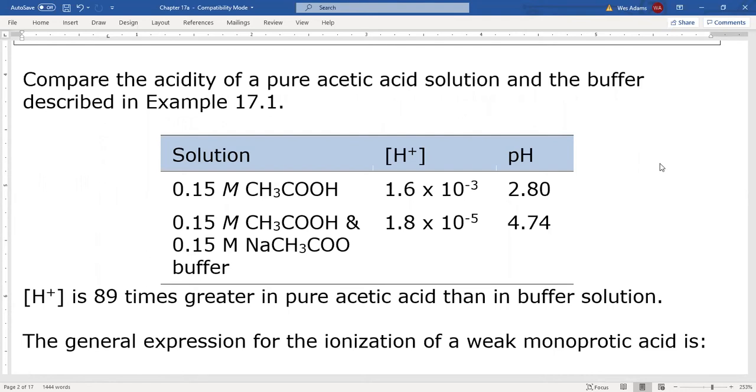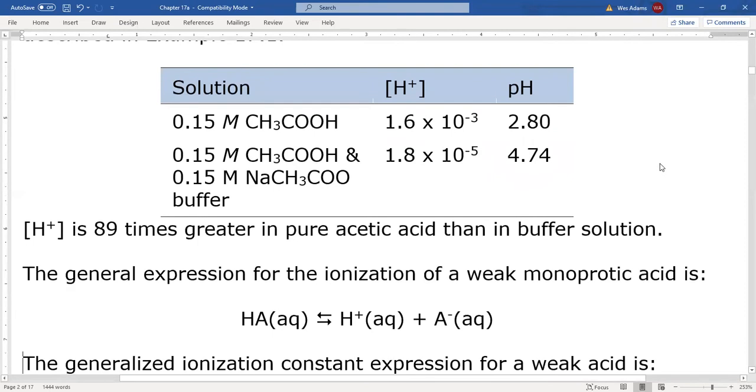But if we have a buffer made from 0.15 molar acetic acid and 0.15 molar sodium acetate, the hydrogen ion concentration is 1.8 times 10 to the negative fifth, and the pH is 4.74. So the acid alone is 9 times greater in hydrogen ion concentration than the buffer solution. But what we'll find is that the buffer solution is more resistant.